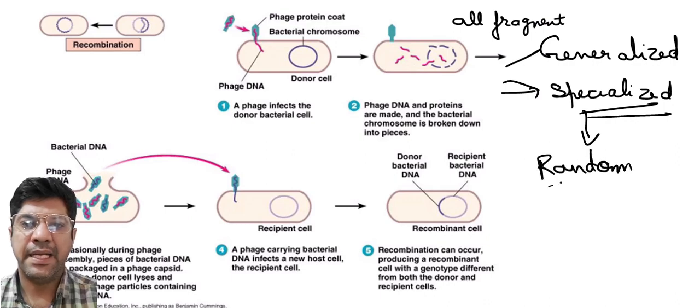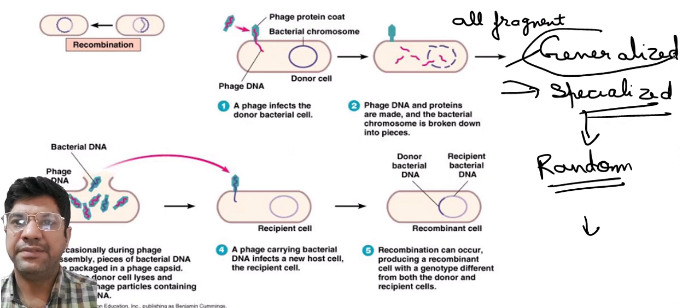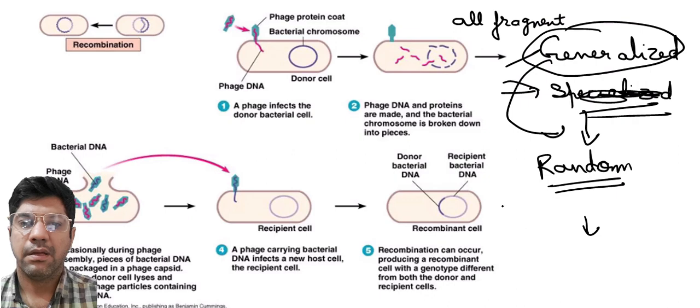In generalized transduction, any random piece of bacterial DNA can be packed into a phage capsid.